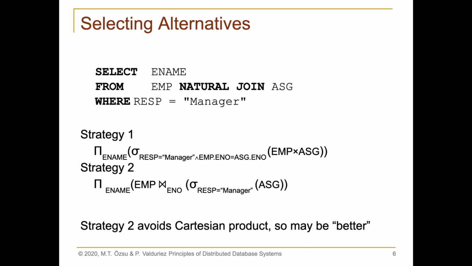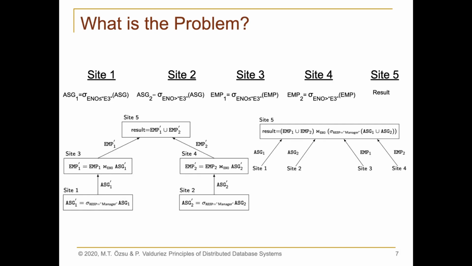But in relation to strategy one, strategy two demands smaller computational time and resources. So we might suggest strategy two is better than strategy one, depending on the complexity of operations that we are applying. But let's extend this concept of query optimization to a distributed database management system environment.